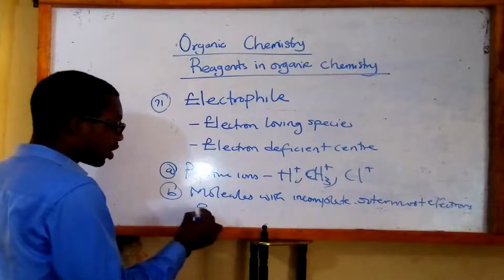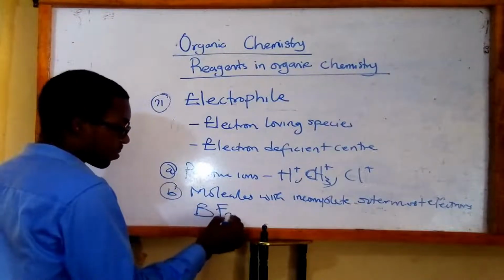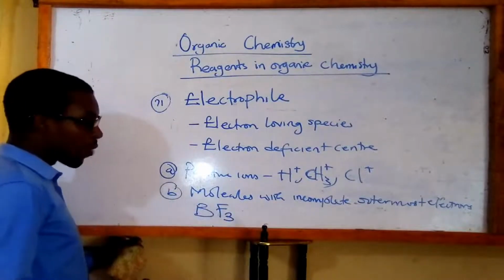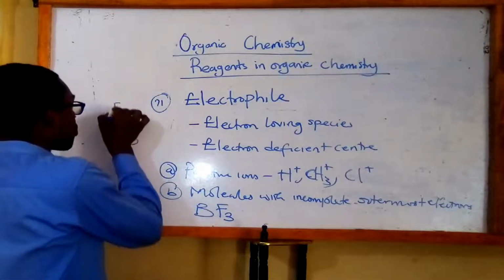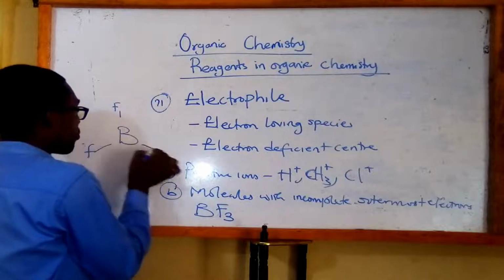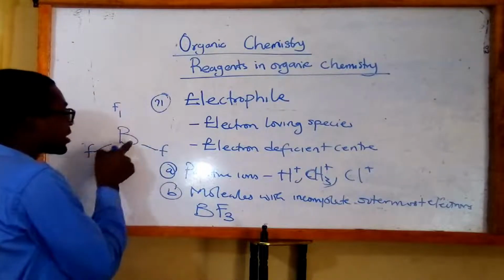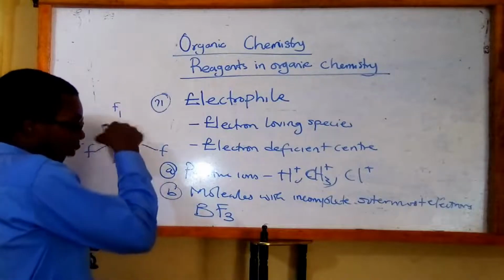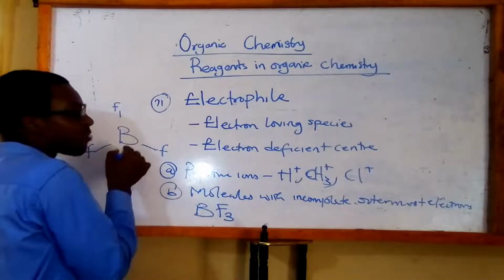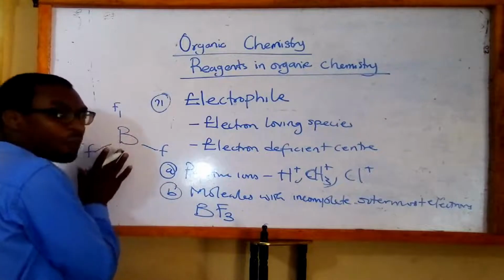An example is boron trifluoride. Look at the structure: fluorine, fluorine, fluorine. Here boron has 6 electrons, 2, 2, 2 for its octet. However, it's supposed to have 8, so it has an incomplete octet.